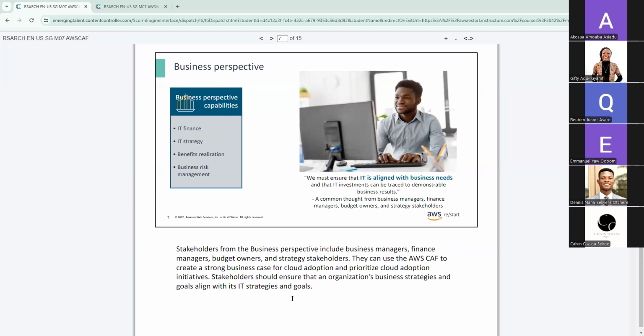For example, when it comes to business, you are going to need the help of the IT finance person, IT strategy person, business realization, business risk assessment, because what you are trying to do is to ensure that, okay, we are traditional now, but if we move to the cloud, what business value are we going to get? So it's about money and income, okay? Are we going to be able to get a return on our investment?